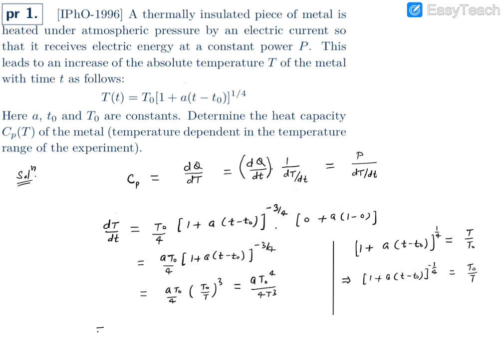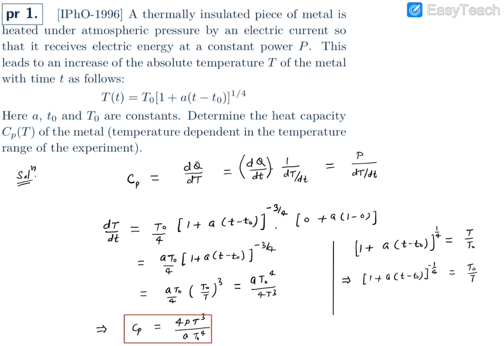So finally we will find the Cp is equal to 4 times P T raised to power 3 divided by a T naught raised to power 4. So that will become the final expression for the answer.